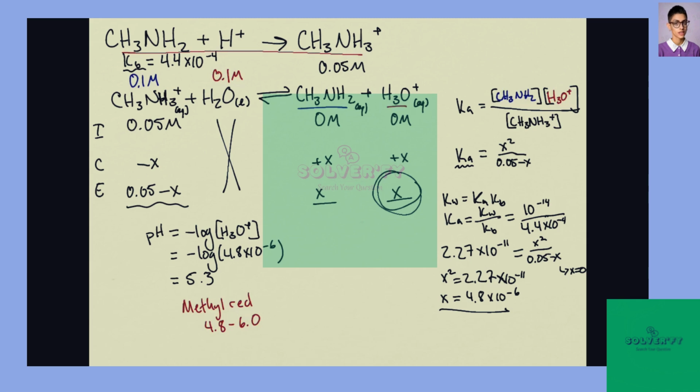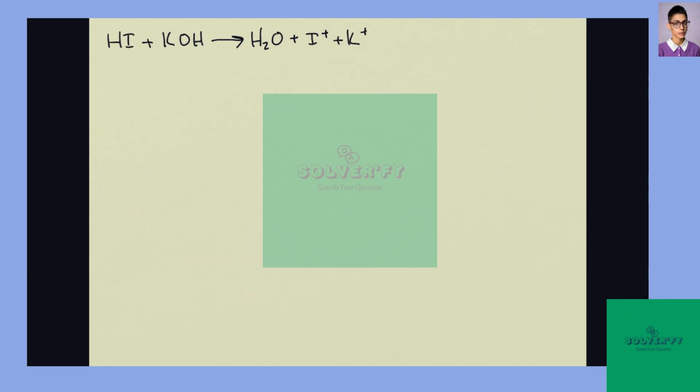Now, if we're doing a titration of HI with KOH, this is a strong acid, strong base reaction, which means our equivalence point will be when the solution is at a pH of 7. If you don't have this memorized, you can write out the reaction and see that it will form water and I minus and K plus, all of which are neutral in solution.